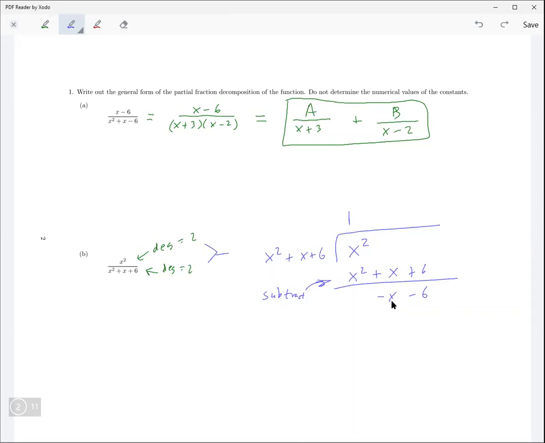So this long division is telling you that this is equal to 1, which comes from here, plus the remainder like that. And the denominator here cannot be factored.